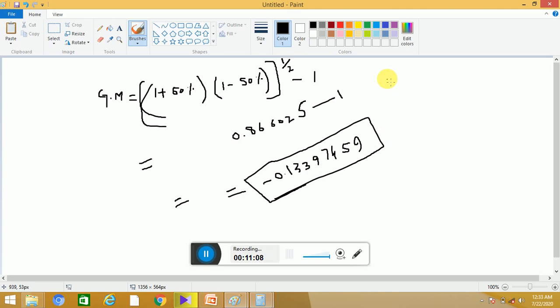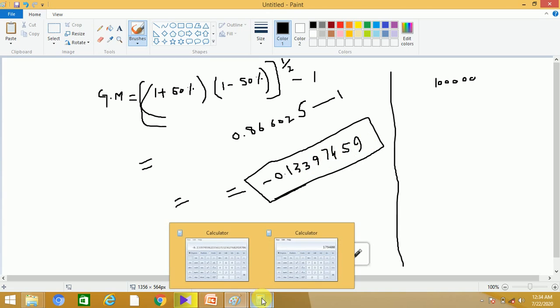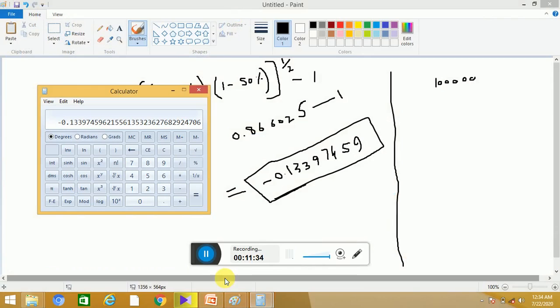Now see, keep this in mind. What was our initial amount? It was $100,000. So when there is a loss of 0.13397459, now we will calculate the amount.